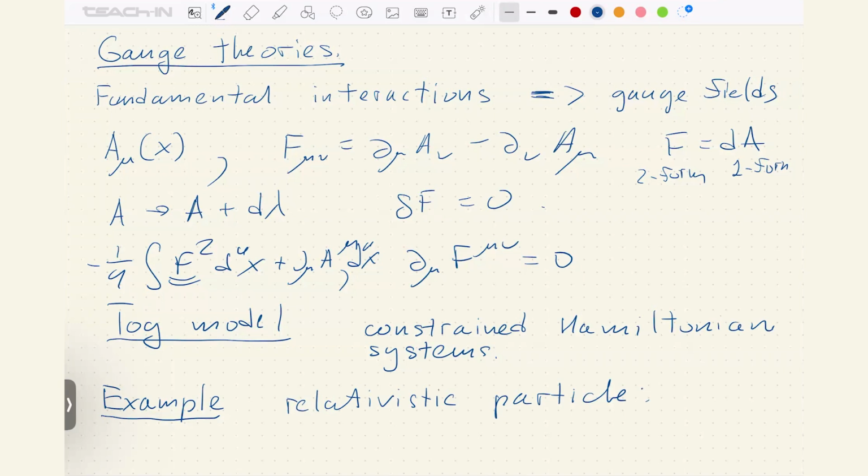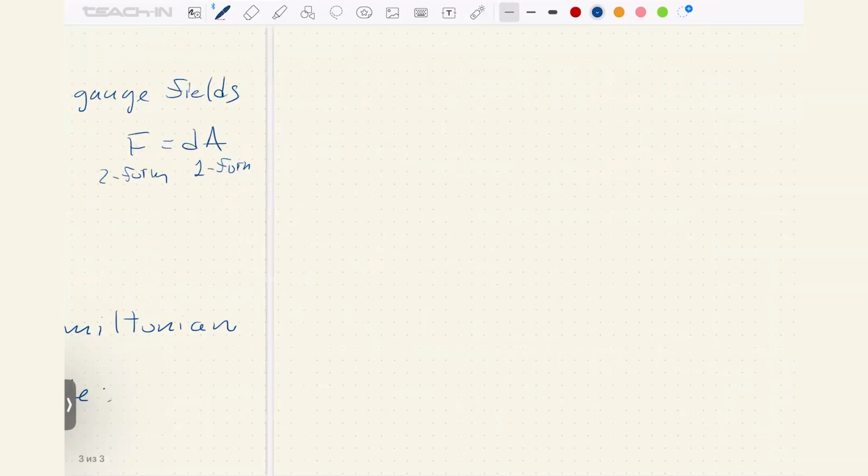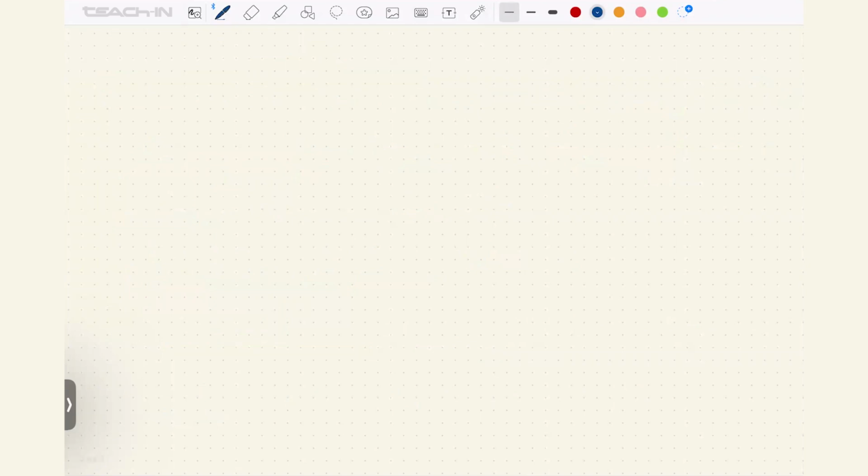If it's a massive particle, we know the action of the particle. We have time, we have space coordinates, and then we can write our action like this.